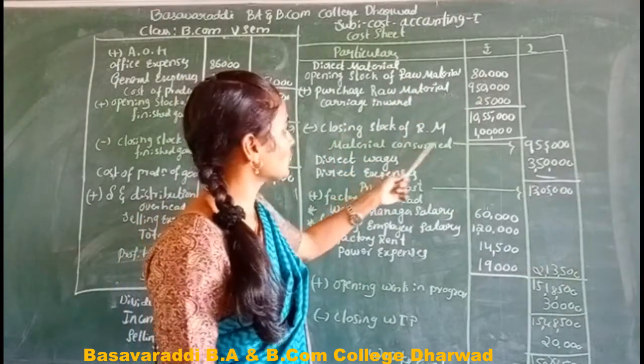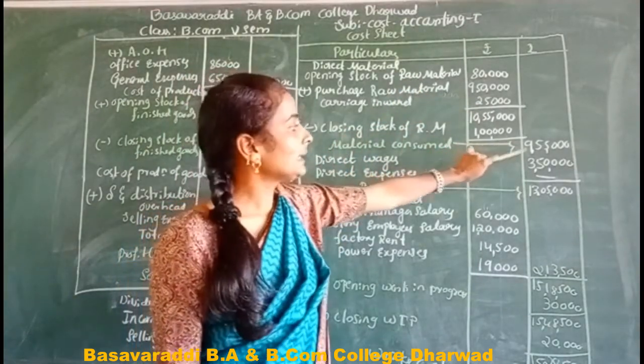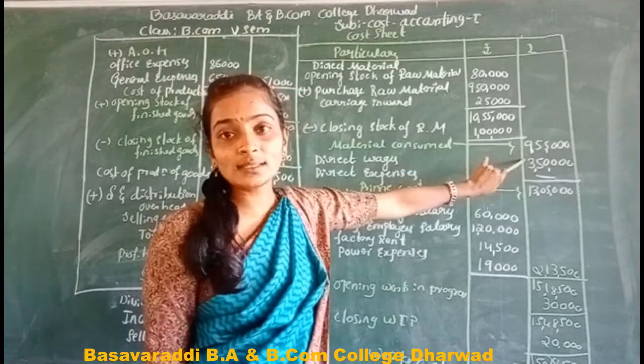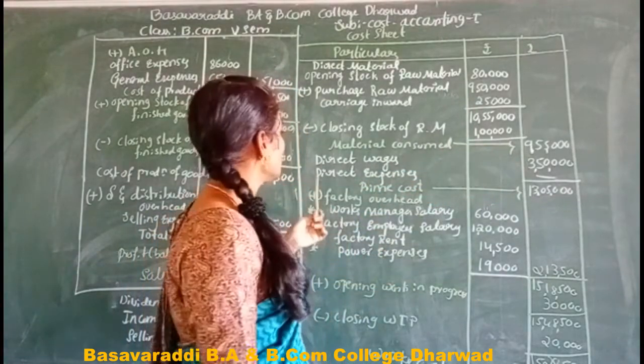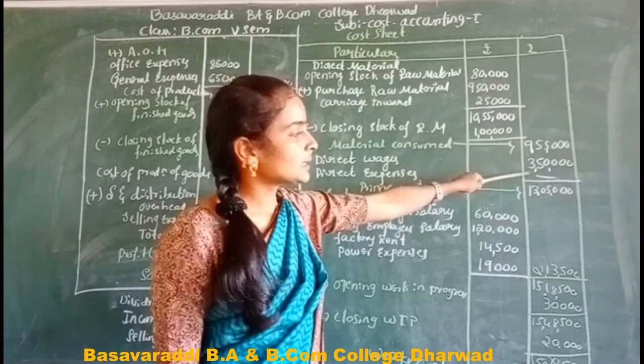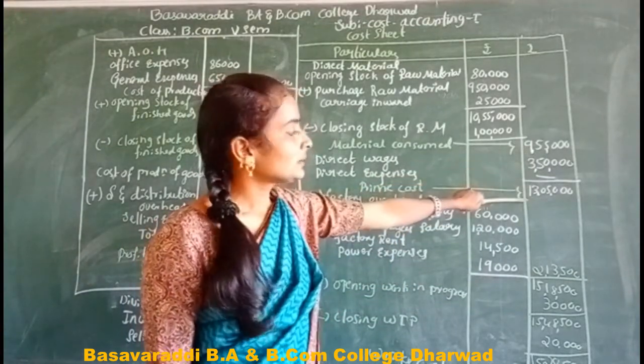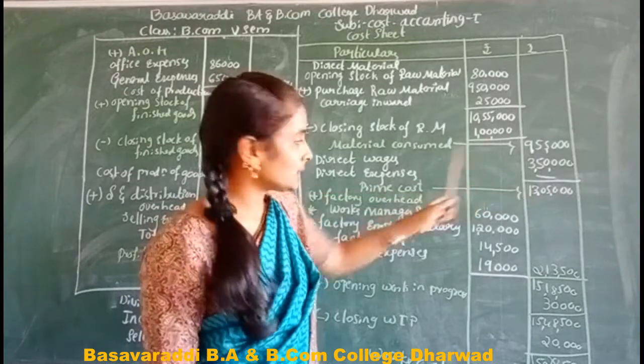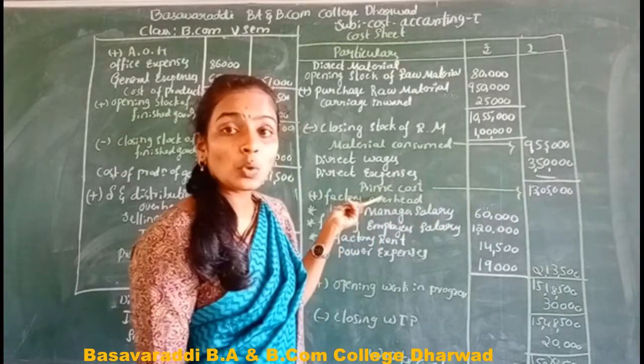Less closing stock of raw material 1 lakh, 9,55,000 is called material consumed. Direct wages 3,50,000. 9,55,000 plus 3,50,000 is 13,05,000, called prime cost.